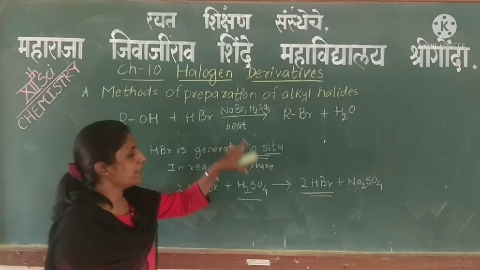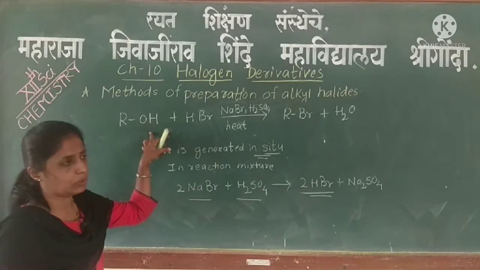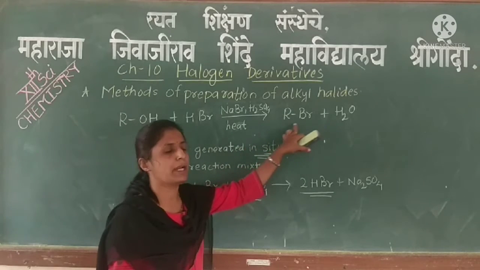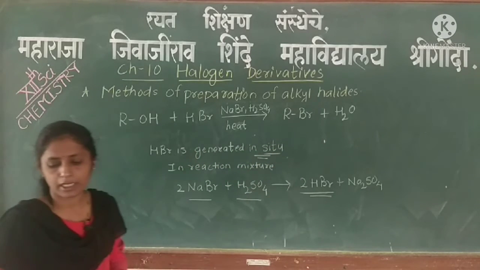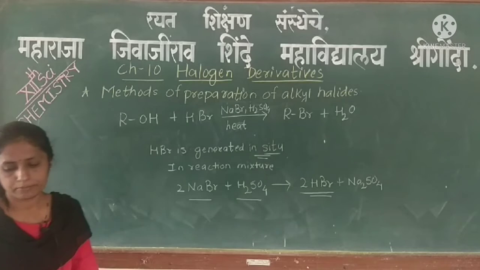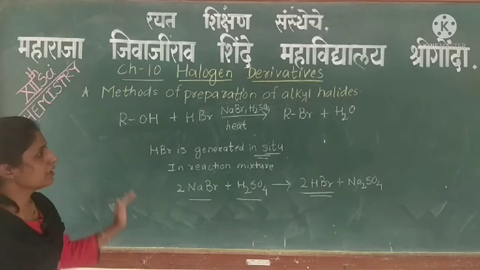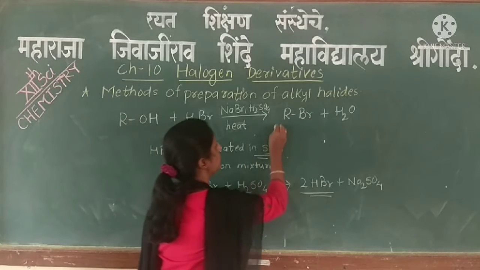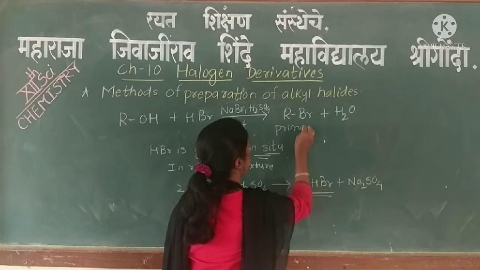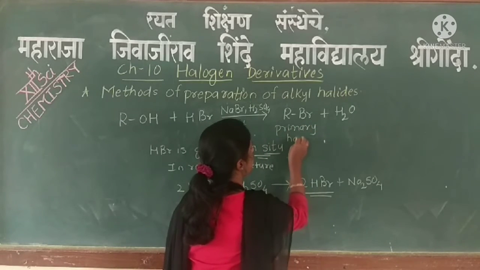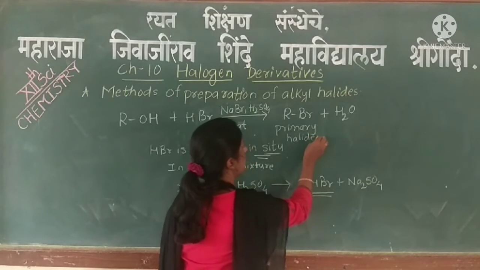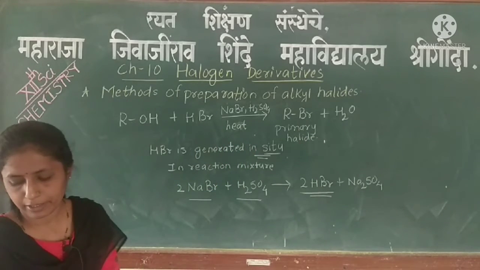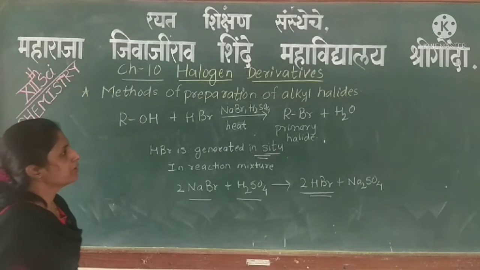And then that HBr reacts with your alcohol to give you alkyl bromide and water. This is generally used for primary halide. It gives you better yield for primary halide.